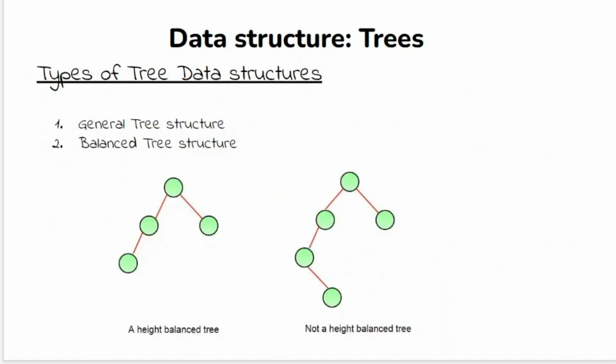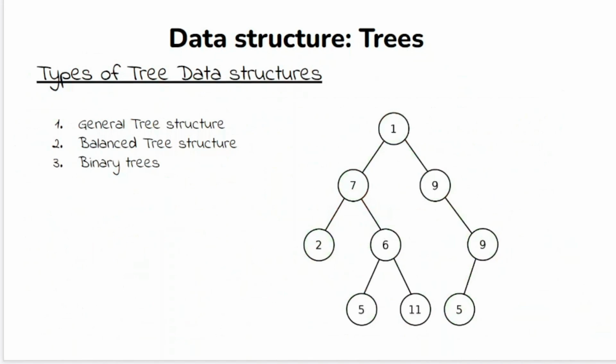The one on the right is not balanced, because the difference in the number of nodes from the left child and the right child is greater than 1. For the balanced tree, the difference between the left and right subtree is just 1, but an imbalanced tree structure would have more than 1 difference between the left and right subtree.